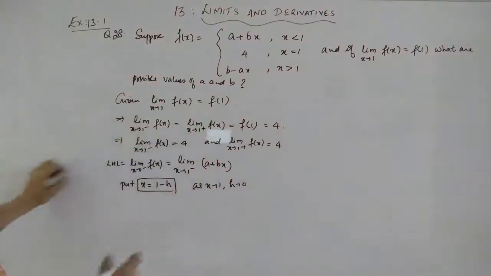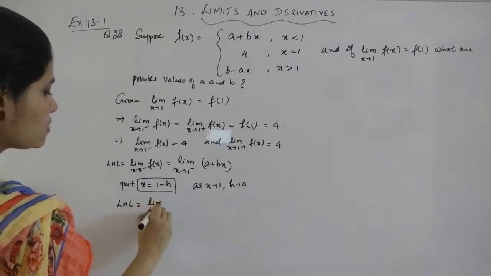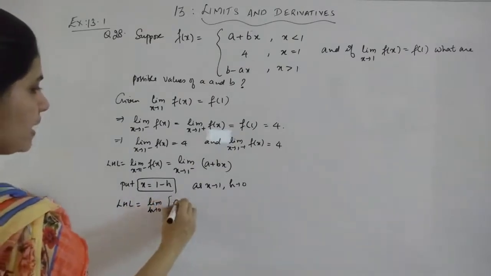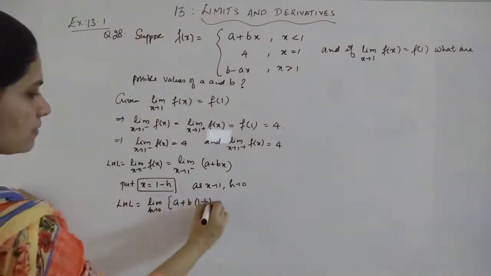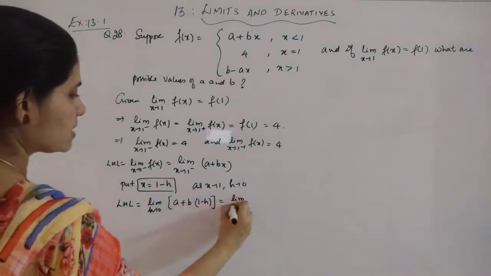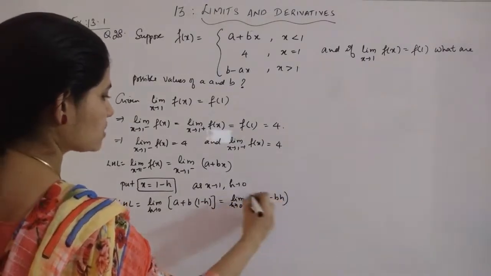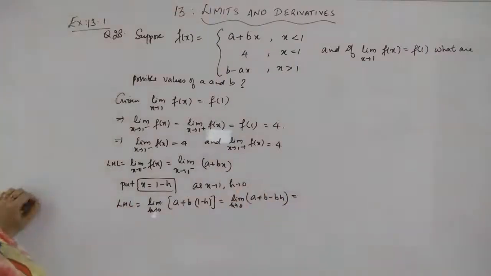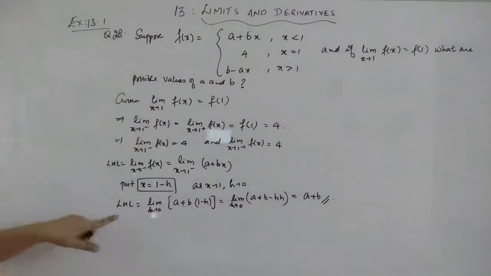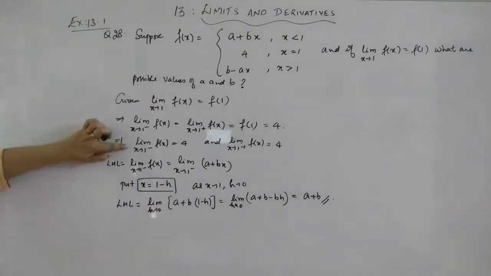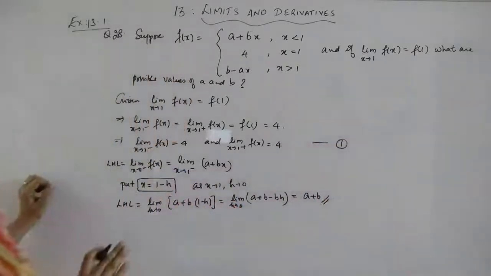So we are just replacing here, that is LHL will become limit h tends to 0 a plus b into replacing x with 1 minus h, which will give you limit h tends to 0 a plus b minus bh. Now just replace the value of h with 0, you will get a plus b. So that is left hand limit, and that will be equated to 4 afterwards. Okay, so let this be the equation in which we will substitute later.